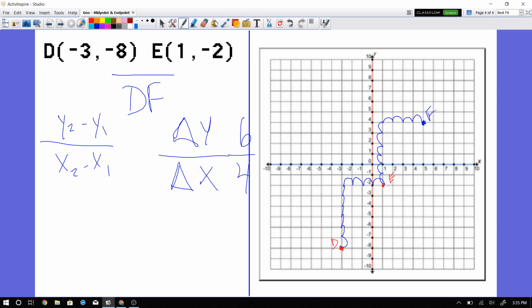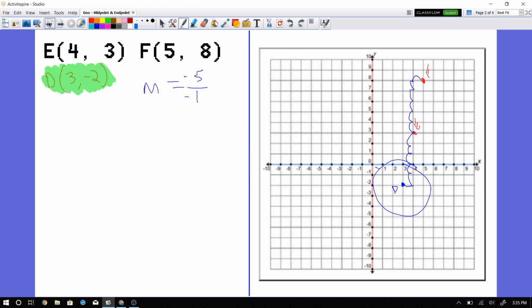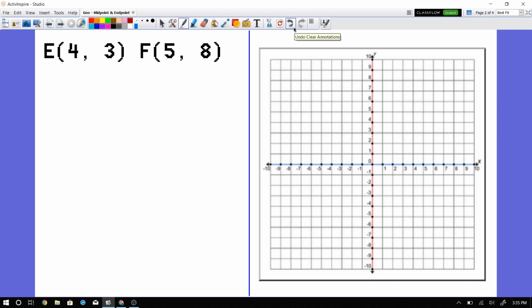All right? So let's go back and do that simple method on the first and second one. All right, so you can see here that we have E and F. That means we're missing D. So E was 4, 3. That's the midpoint. F is 5, 8.